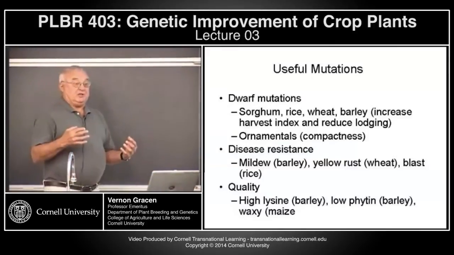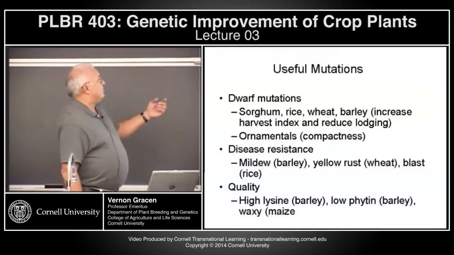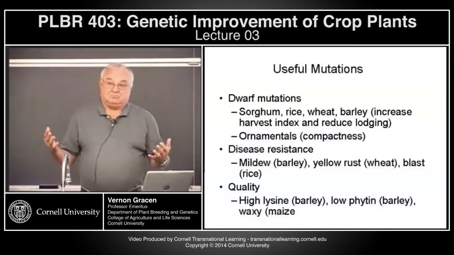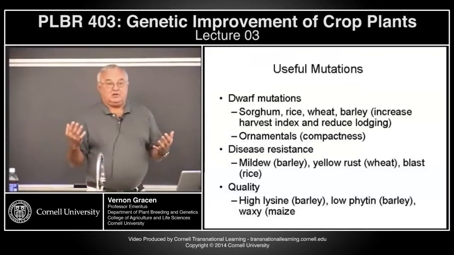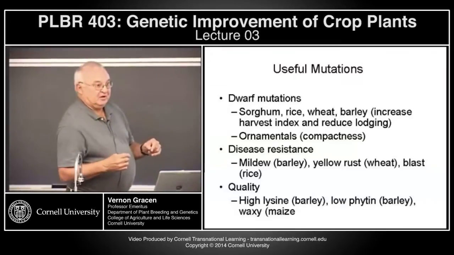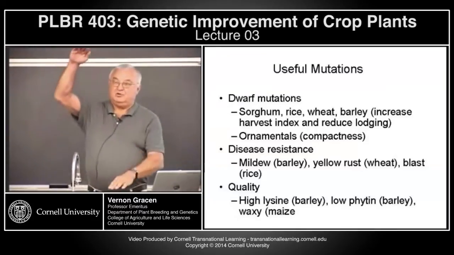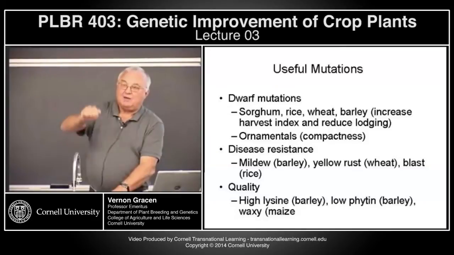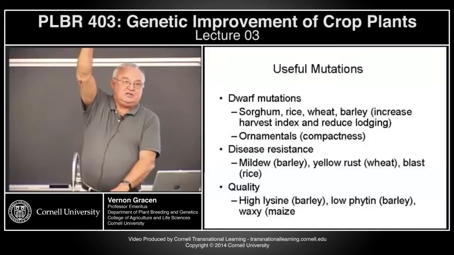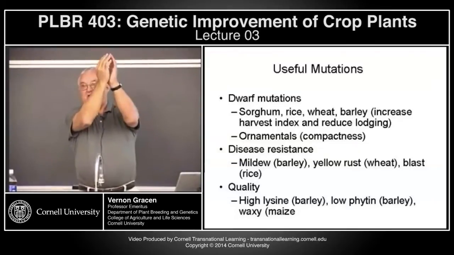So it's a little bit surprising that there are a number of mutants that are very, very beneficial for some of our major crops. The dwarf mutations in sorghum, rice, wheat, barley, very, very beneficial. We couldn't have raised the yields of those crops without those dwarf mutations, because normally those crops grow very, very tall plants, and those plants have a tendency to fall over and lodge before the grains are mature at the top of the plant.